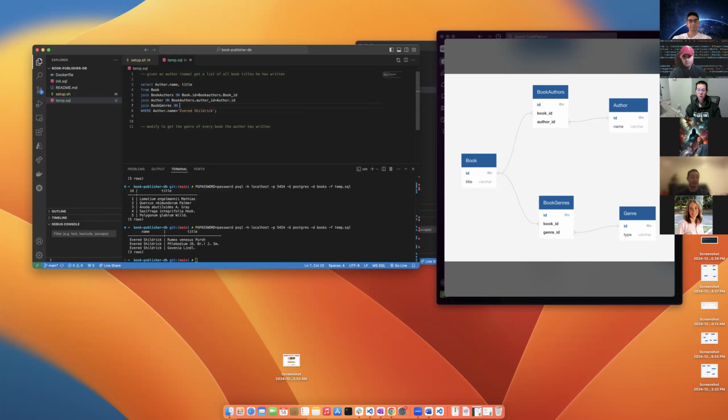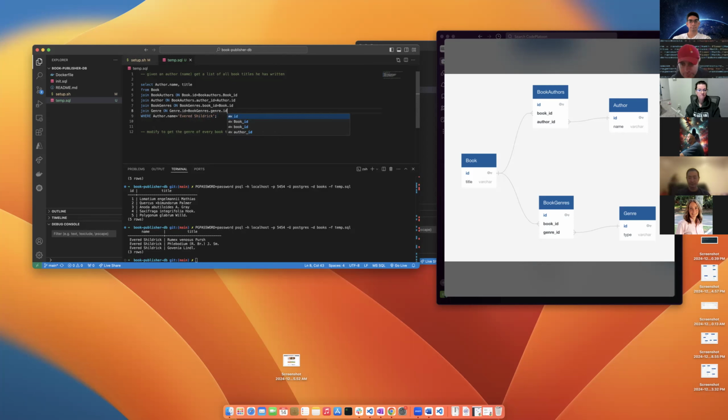The table is the book genres, and we're going to connect them on book IDs. So book genres dot book ID equals book dot ID. And then another join. This time genre on genre dot ID equals book genres dot genre ID.